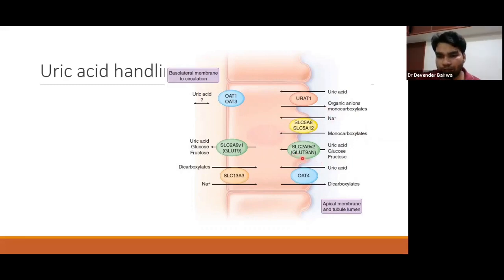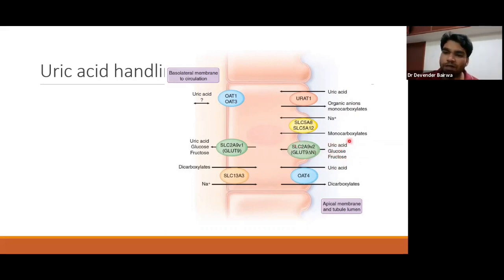Now see this GLUT9. GLUT9 actually transports uric acid along with glucose and fructose. The capacity of GLUT9 to transport uric acid is very high. Compared to fructose and glucose, it requires at least 50 times the uric acid concentration to saturate this pump.